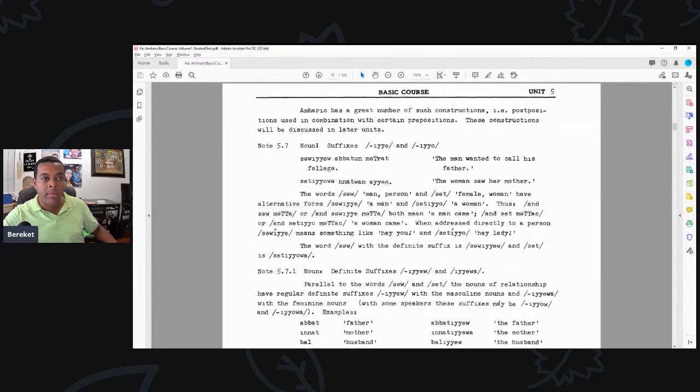Then we get to note 5.7, where we have a couple of suffixes added on to the noun so for man and sate for woman. So you have soyo and setioa, and that's a definite suffix, so it indicates the man, the woman.